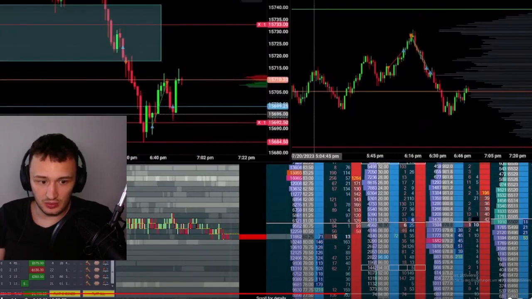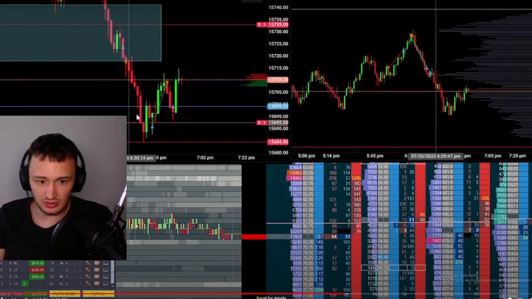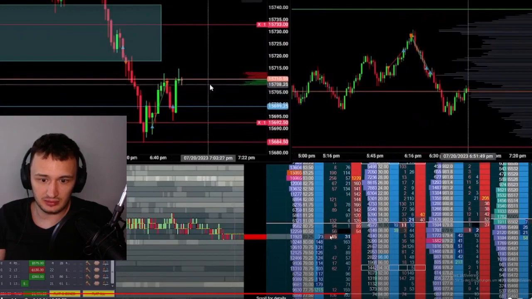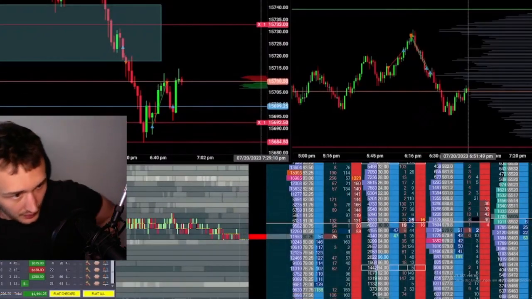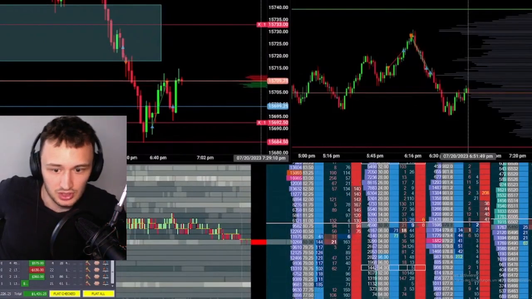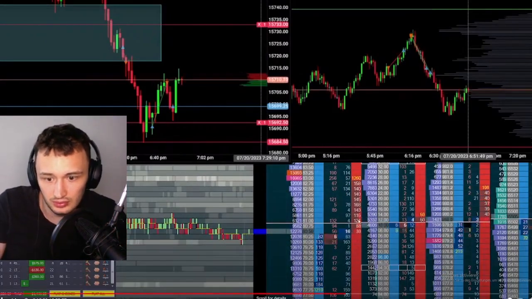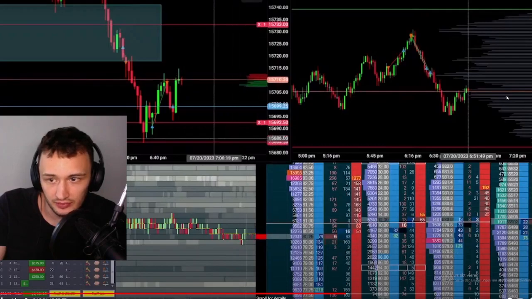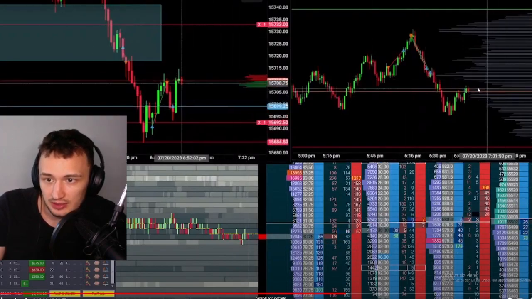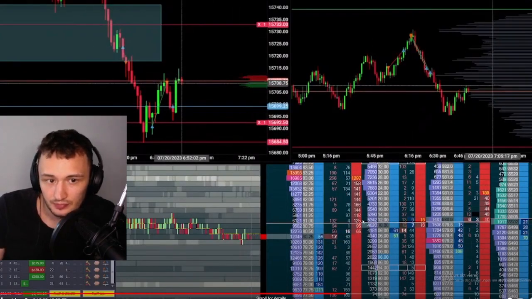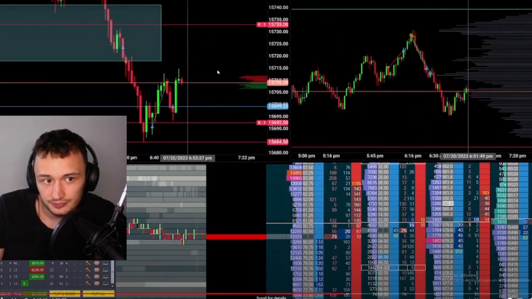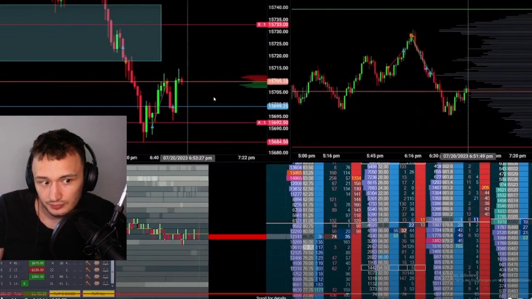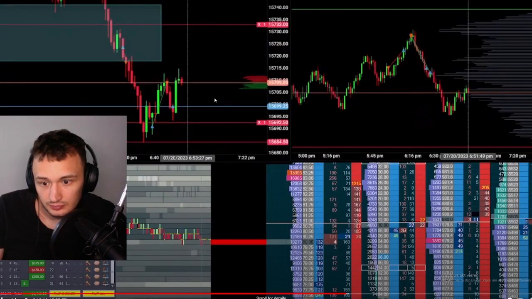But I still want to wait because the ES looks like it wants to accumulate here. I want to give it still a little bit more room. I want to give it a chance to break this, because I do think if the ES breaks here clearly, this should drag the NQ higher. But the ES is kind of holding above 80.